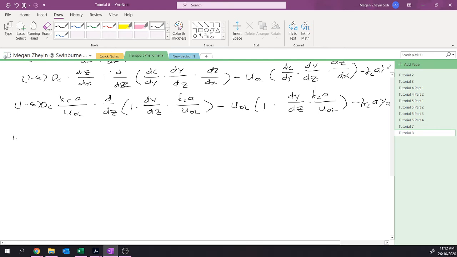So we should get 1 minus epsilon dc kc square a square over uol square, and bracket this 2 d square y over dz square minus, so your uol is cancelled off over here, so we get kca dy dz.